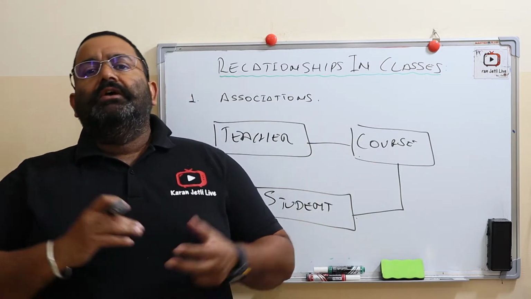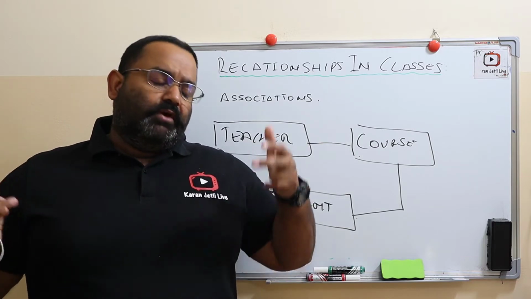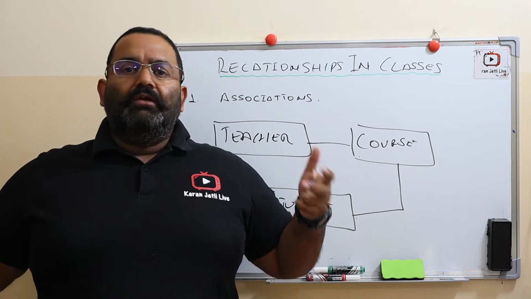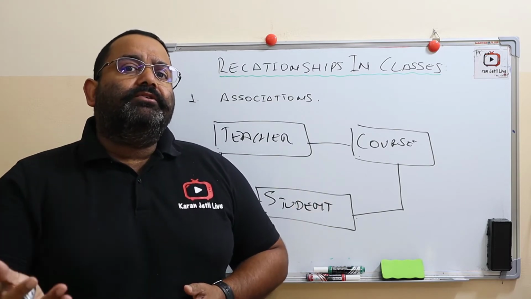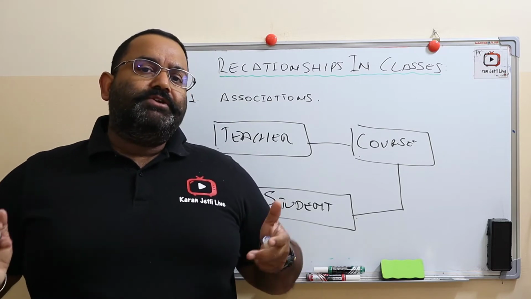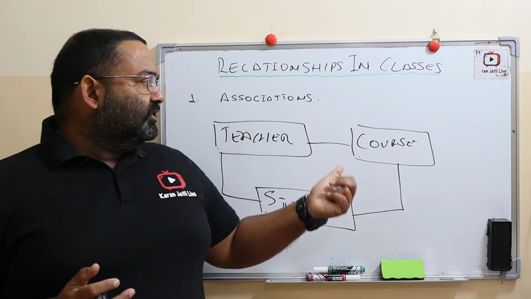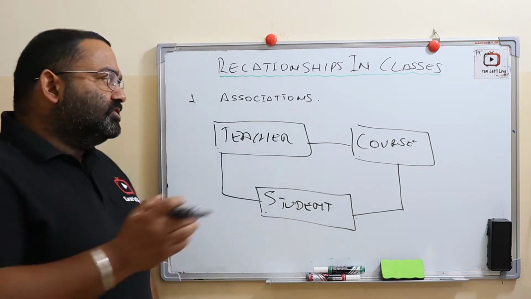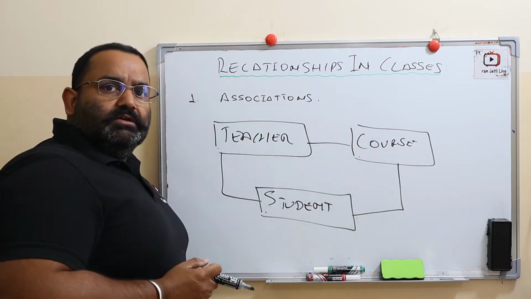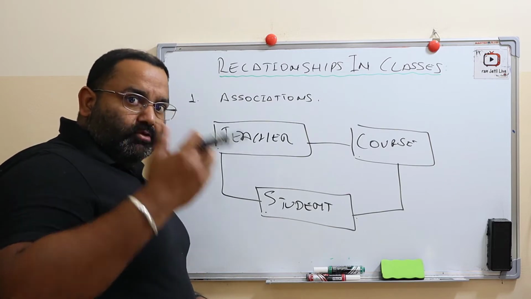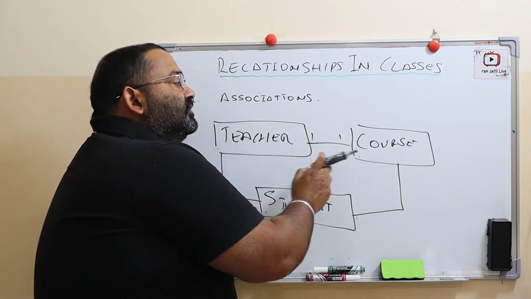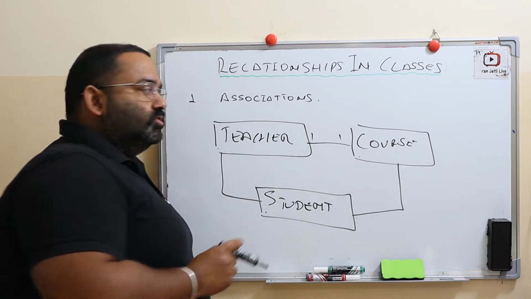It is called association, when one object is associated to another object, or simply when one class is related to another class. In an ER diagram we call it a relationship, but in object oriented analysis and design we call it association. Associations can show which class is associated with another class, and they can also show the multiplicity, meaning one to one, for example one teacher can take only one course, and so on.